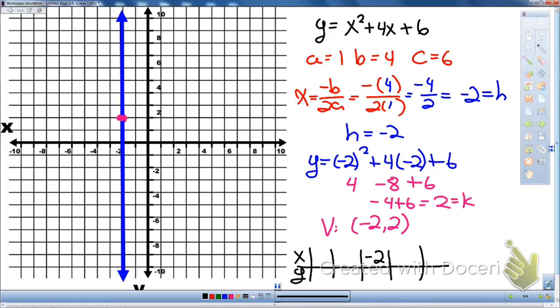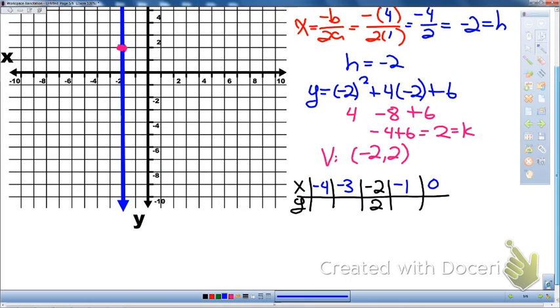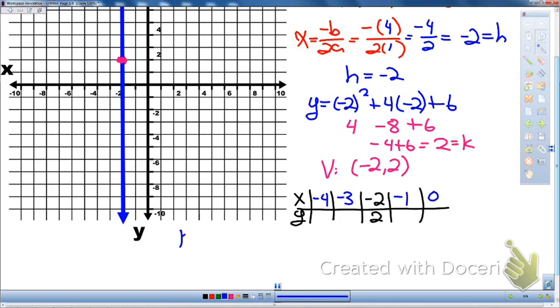Again, make sure your vertex is in the middle of the table. -1, 0, -3, -4 for our x values. K plus 1a. K is 2 this time.